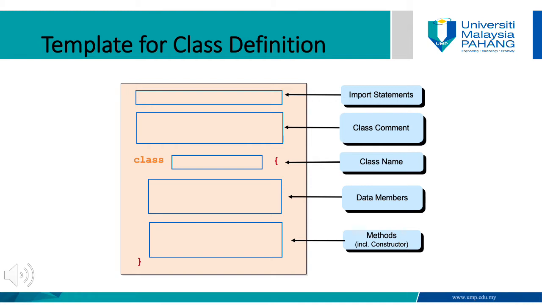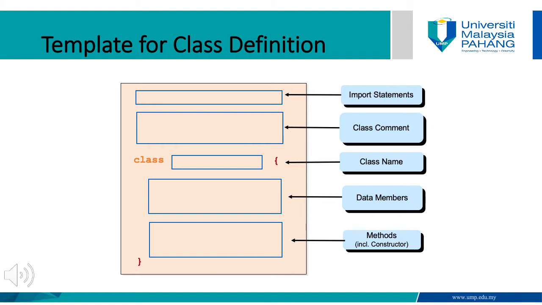There are five steps that you have to remember. First, you have to write the import statements. Second, the class comments. Why is it so important to put in the comments? So that you can remember what the class is about. For example, if you didn't look at the code for a few months and you forgot about the function of the class, when you come back and want to use the class again, you know the exact function of the class.